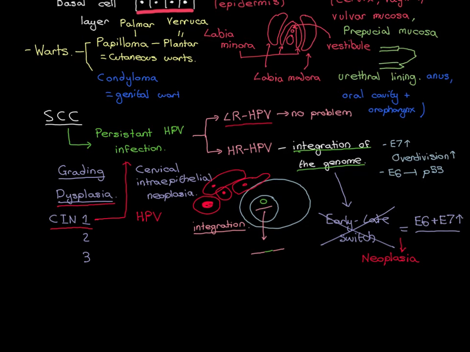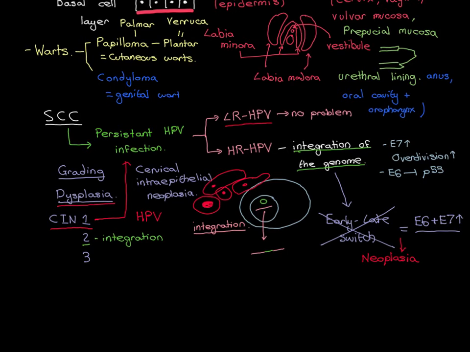Okay, coming up to grade 2, cervical intraepithelial neoplasia grade 2, that's the sort of grade that you will see once you've got integration of the genome. So I'll put here integration. So if you've got a low-risk human papillomavirus infection that is persistent, you will never get that developing into CIN2. It will always just stay a CIN1 lesion rather than a CIN2 lesion.